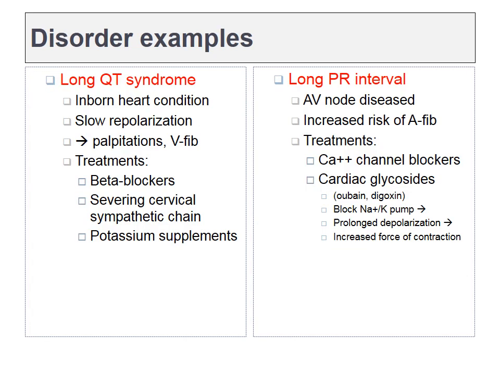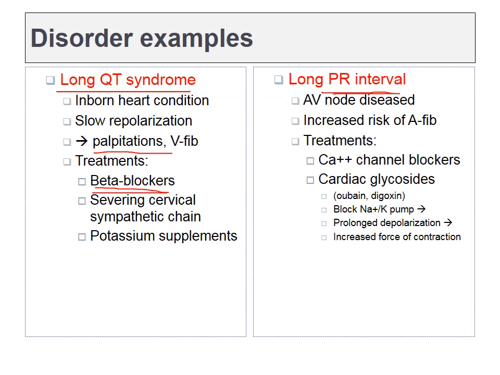Just a few examples of some disorders that you might diagnose on the EKG. One is called long QT syndrome, and this can lead to heart palpitations or fibrillations. And we would treat patients with this condition with one type of drug.